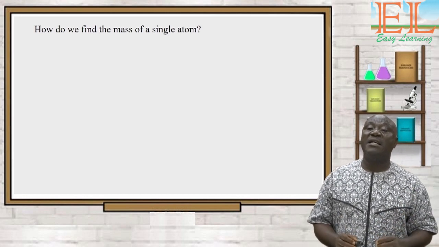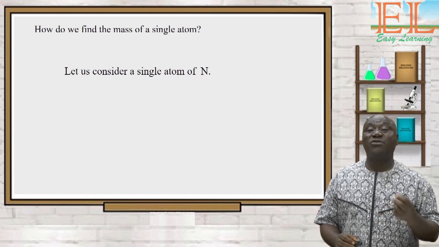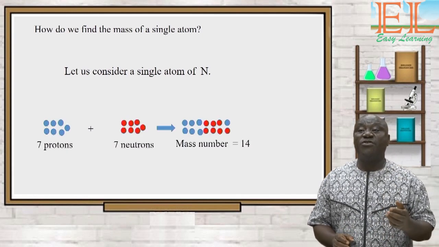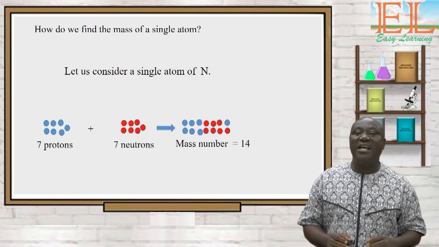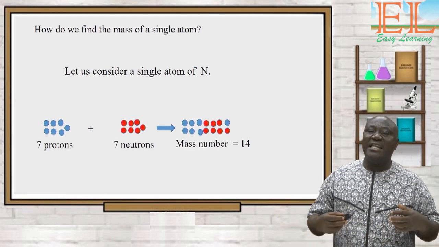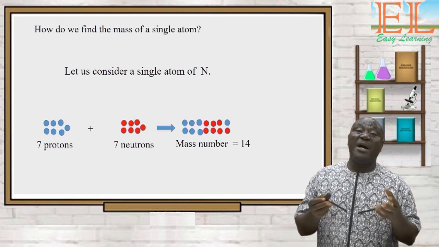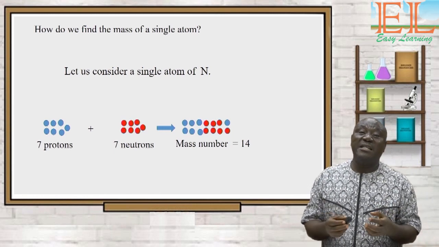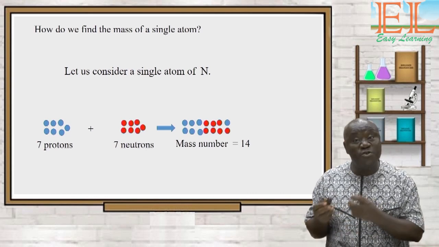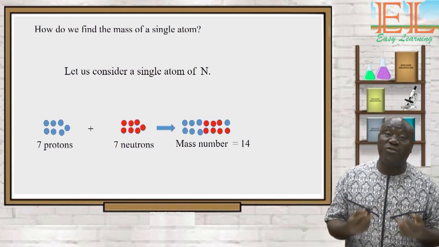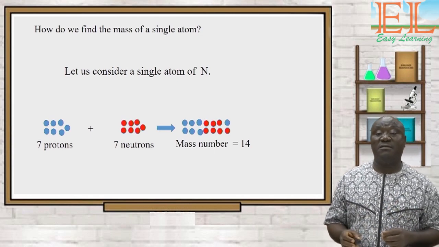Let's take a single atom of nitrogen. Nitrogen has 6 protons and 6 neutrons in its nucleus. So if you find the mass number by summing the number of protons and the number of neutrons, you will get 14. So the mass number of nitrogen is 14.